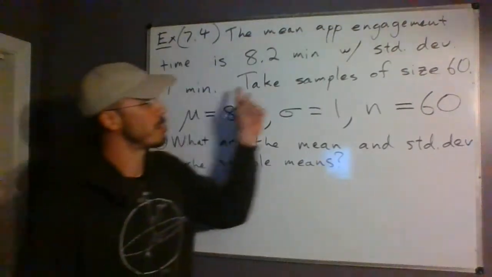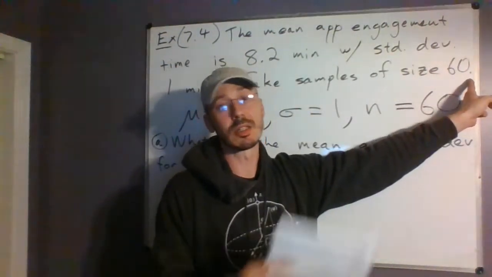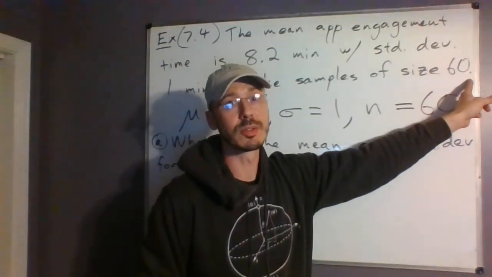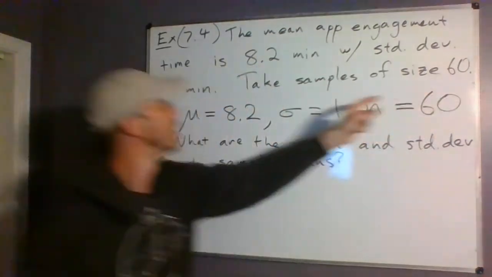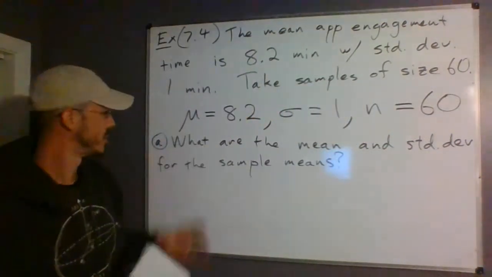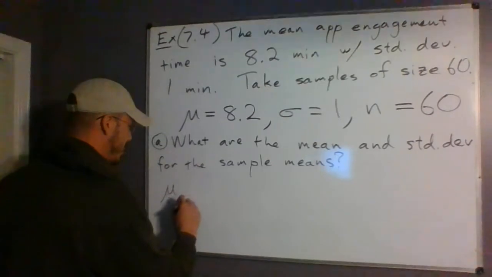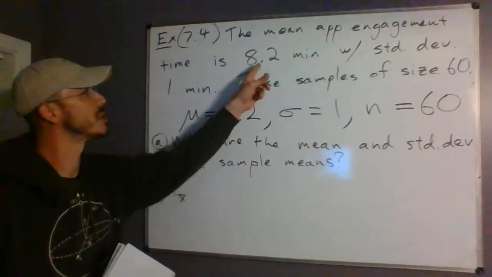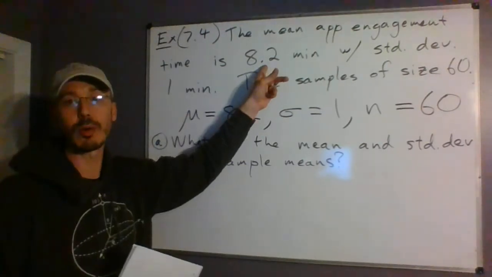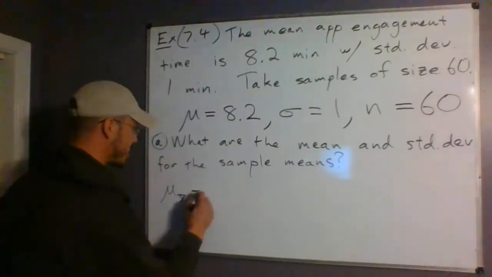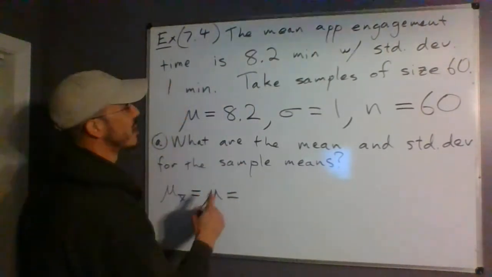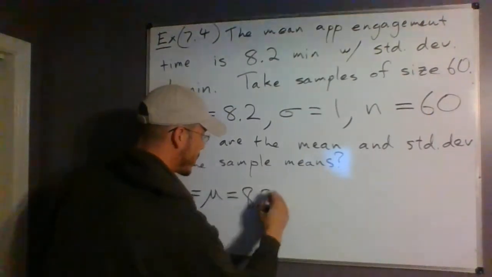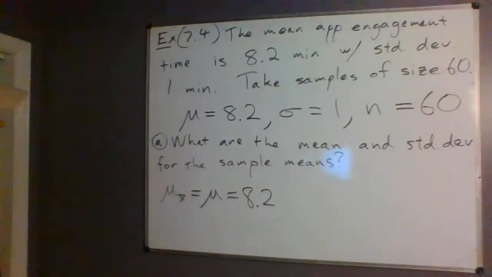So if we take samples, remember size 60, we're taking 60 different individuals. The average for the means of those samples is the same as the mean for the whole population, and that's mu, that's 8.2 minutes.